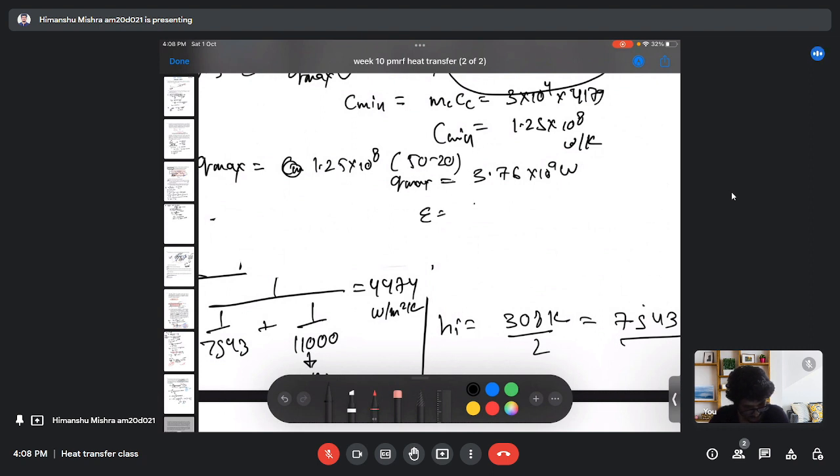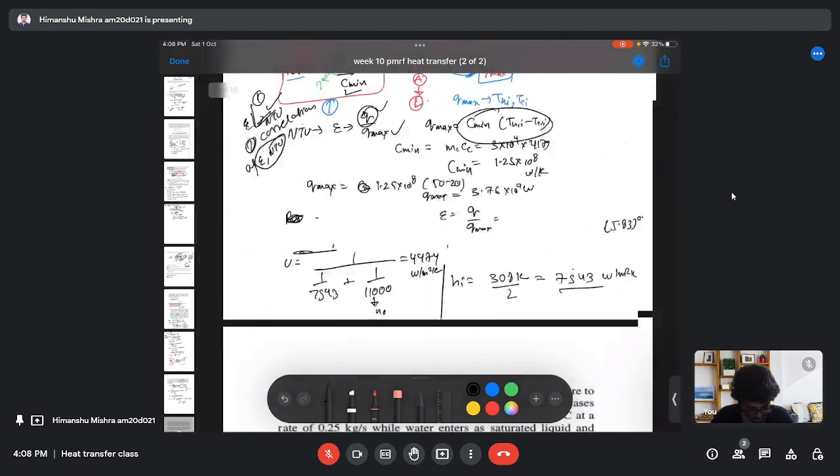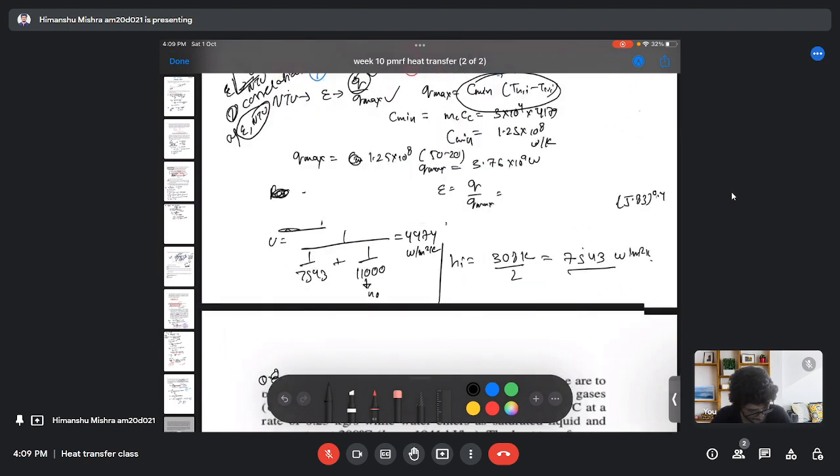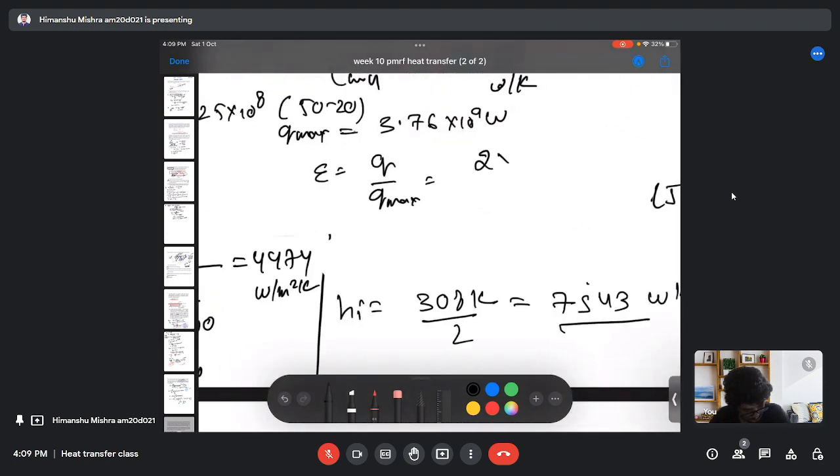So effectiveness can be given as the actual heat transfer, which is 10^9 watt, divided by the maximum heat transfer. So 0.532 is my effectiveness.